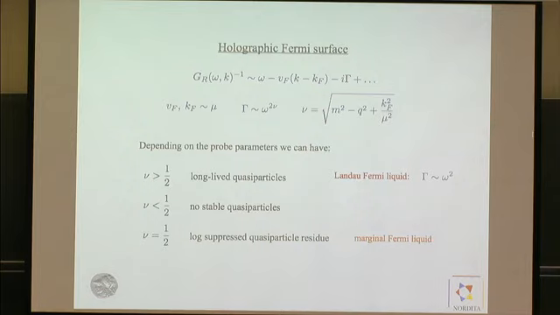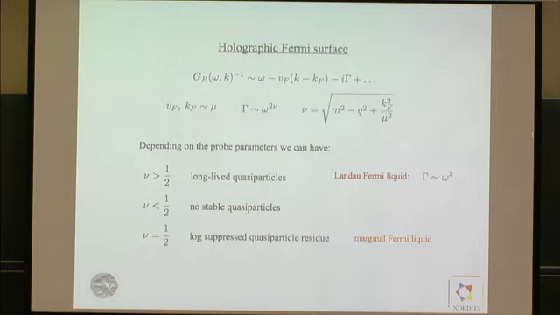Depending on the parameters, the nature of these poles can be different. If this parameter nu here, which depends on the mass and the charge of the fermion, is larger than a half, then the width of the pole will be small enough that you would say that you have long-lived quasi-particles.